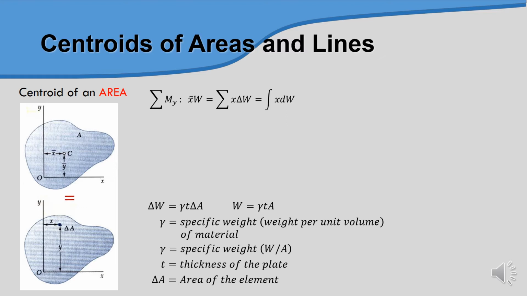Basically T times delta A is equal to volume. Area times thickness gives us the volume.